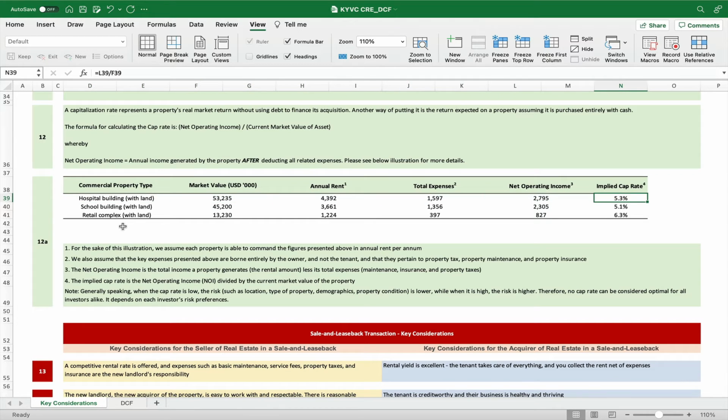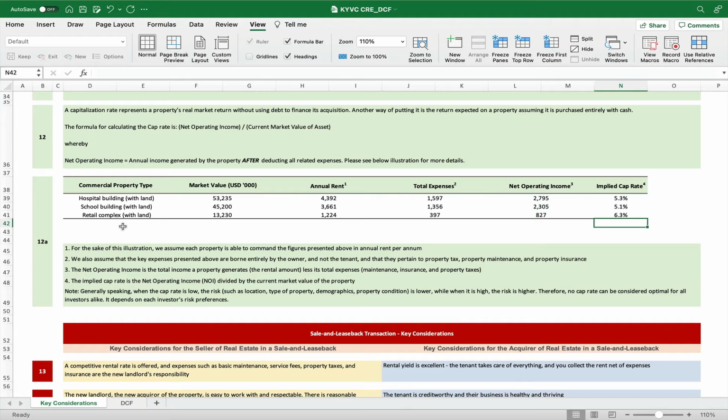One thing to note here is that, generally speaking, a high cap rate could imply a higher risk profile for a particular commercial real estate asset, which means the building could be in bad shape. It could require a lot of investment, capital expenditure, maintenance and upkeep. It could also mean that the location is not great. A low cap rate usually means that risk is lower.